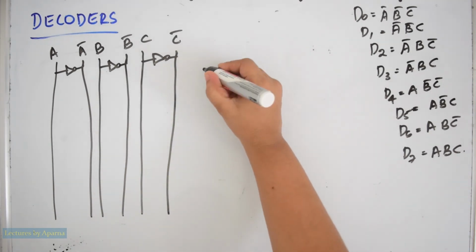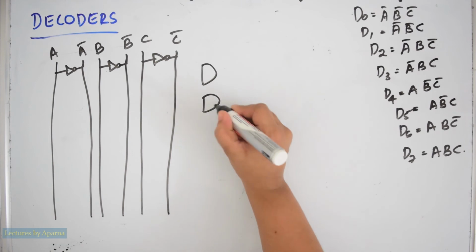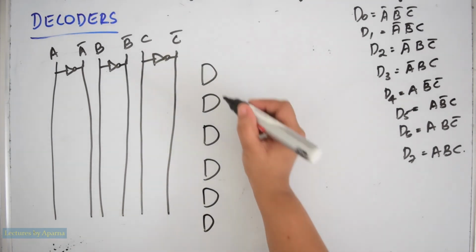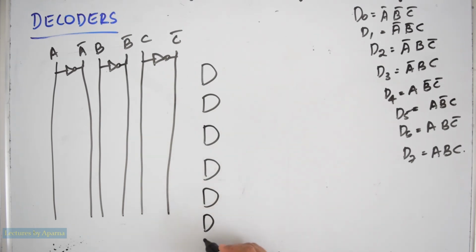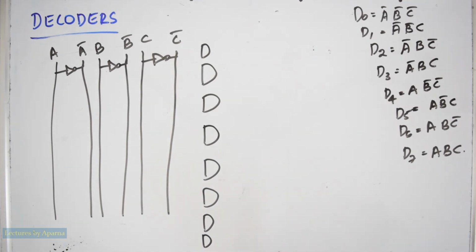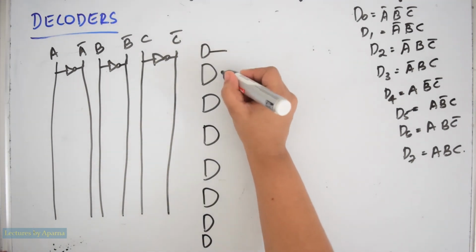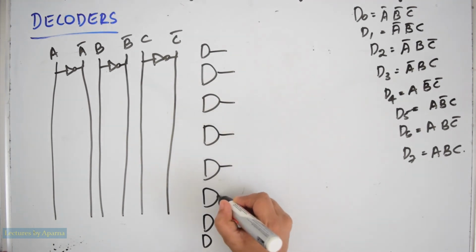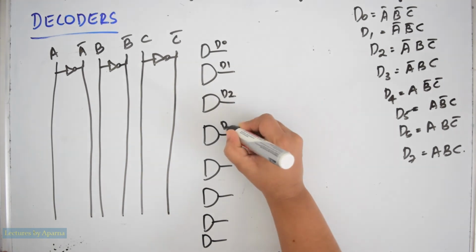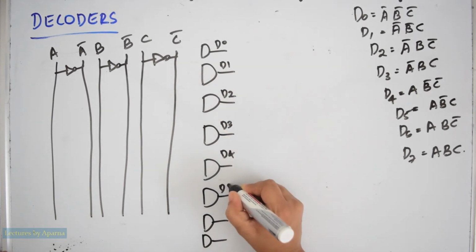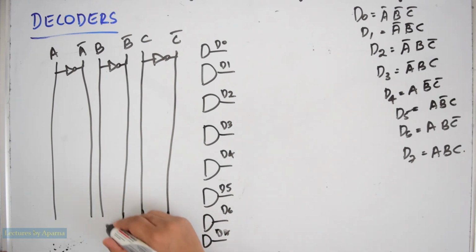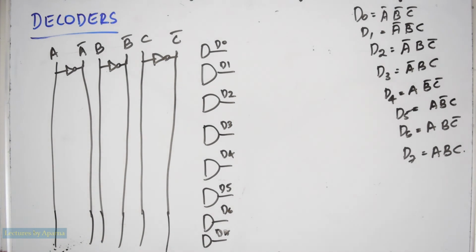I have to draw 8 AND gates here: 1, 2, 3, 4, 5, 6, 7 and 8. These will be D0, D1, D2, D3, D4, D5, D6 and D7. I have to take the inputs from these terminals.